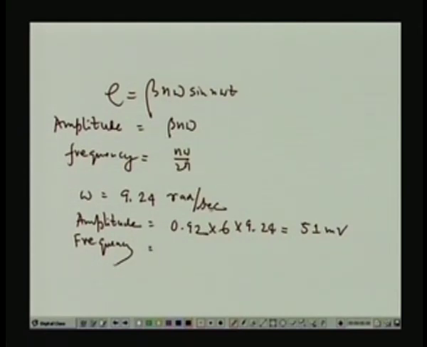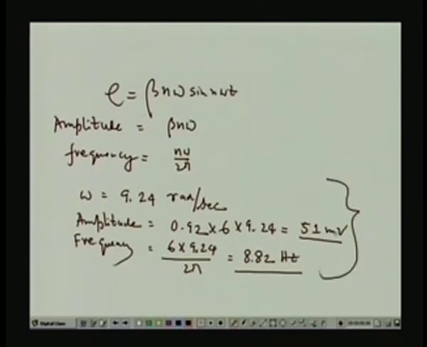This is in milliweber, so this should be in millivolts. The frequency will be 6 into 9.24 by 2 pi, which is equal to 8.82 hertz. So this is the amplitude, this is the frequency, and this is for the minimum flow rate.